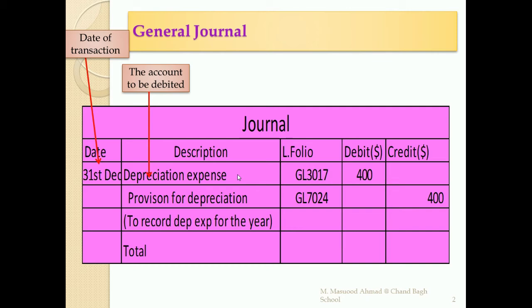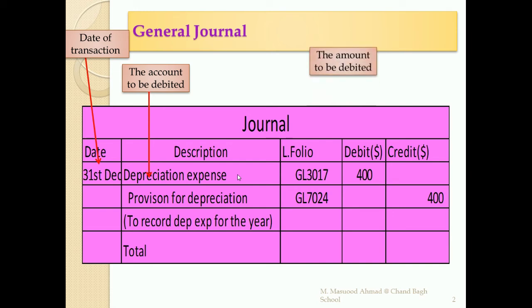In the ledger folio, as I have told you, that is its roll number in the accounting system, like the roll number of a student in school. In the same way, we have given roll numbers to all the accounts in our accounting system. So the roll number of depreciation expense is GL 3017. Whenever the system calls GL 3017, it means they are calling depreciation expense.